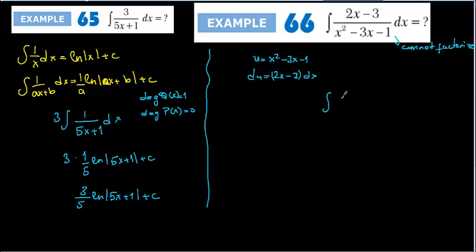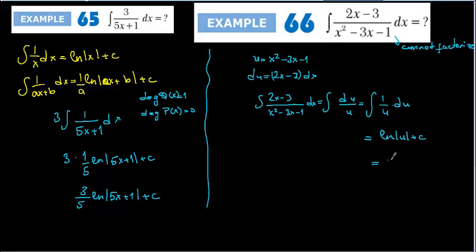So the integral of (2x minus 3) over (x squared minus 3x minus 1) dx is equal to the integral of du over u, which is 1 over u du, and that's equal to ln absolute value of u plus c, which is equal to ln absolute value of x squared minus 3x minus 1 plus c.